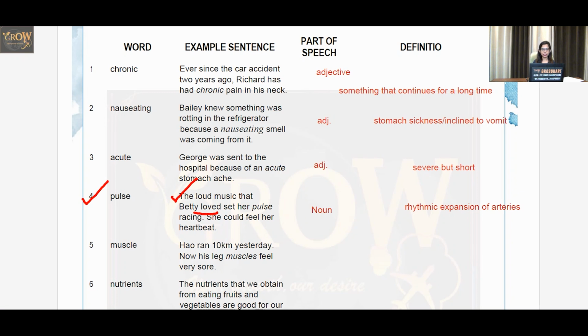So let's move ahead towards the next word, the fifth one. So this is muscle, right? Let's see what muscle is. First of all, muscle is a noun, right?